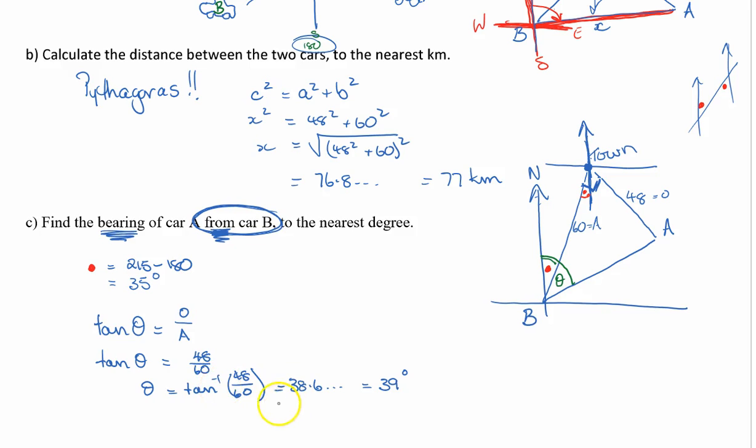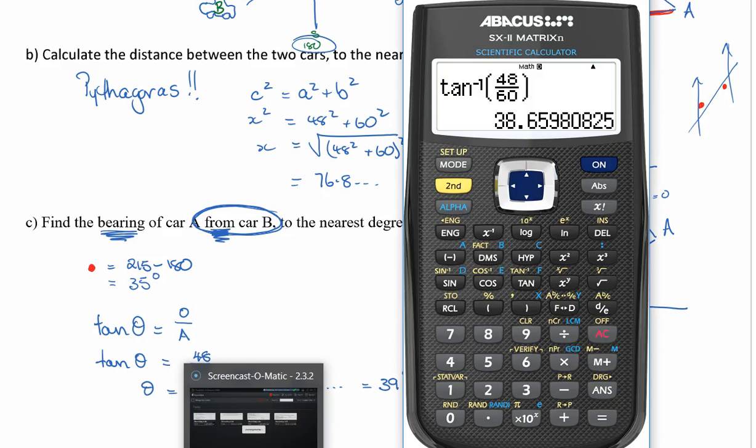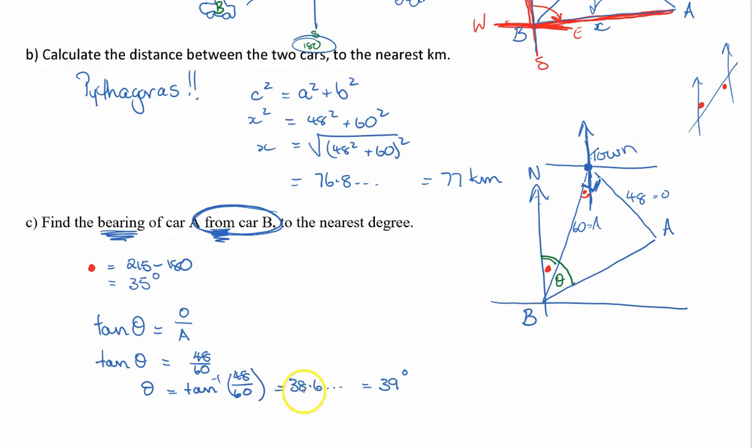Tan inverse of 48 on 60 is, as you can see there, 38.65, etc. So we'll say 39. Therefore, the bearing would be these two added together. So we had 35 and 39, which is 74 degrees. And I guess, strictly speaking, we turn it into a 3-digit number.